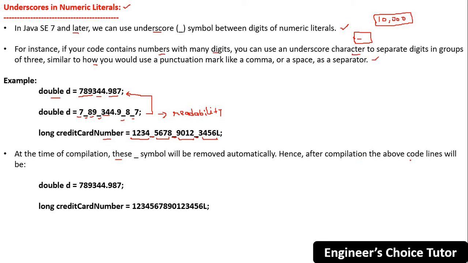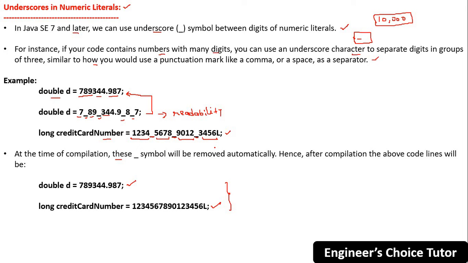Hence, after compilation, the above code lines will be like this: double is equal to this, and long credit card number is equal to this. This is only for your convenience so that readability and code maintainability are easy. Fine, it is easy to read these things.